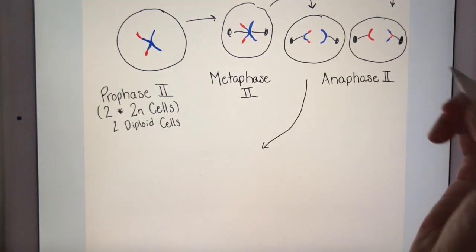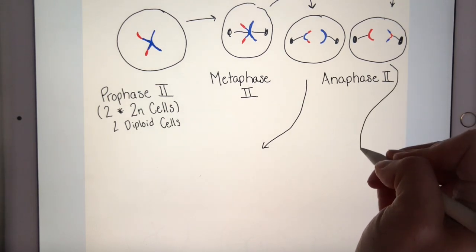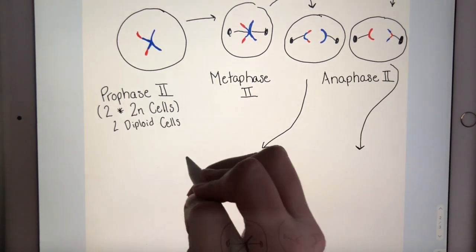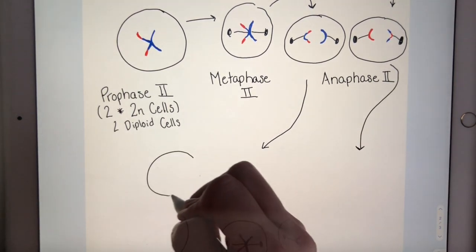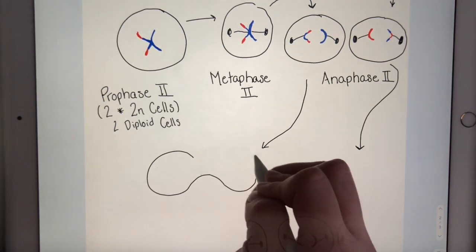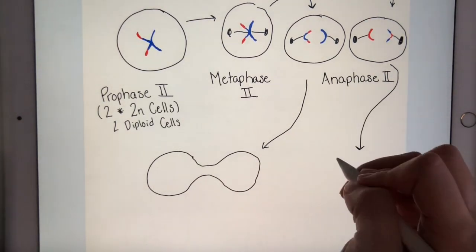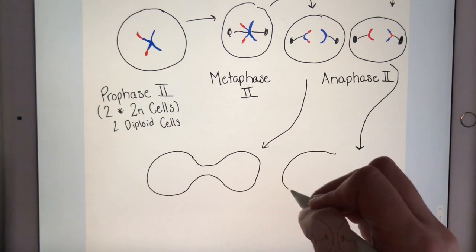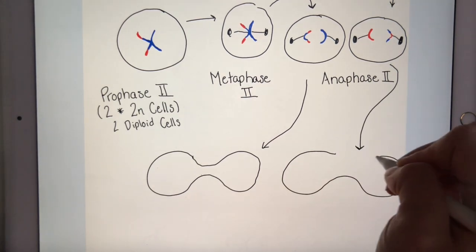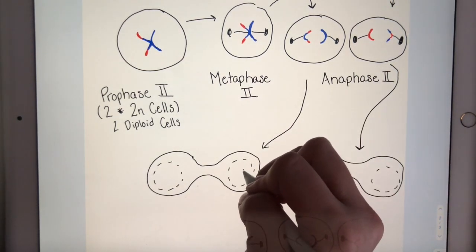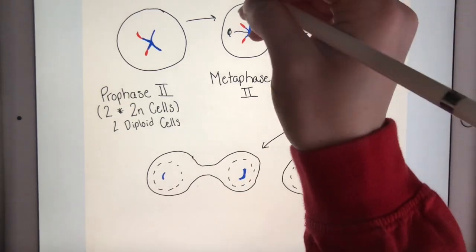After anaphase, we have telophase, where you get that peanut shape. And over here, we have a replicated copy that's just like Dad.